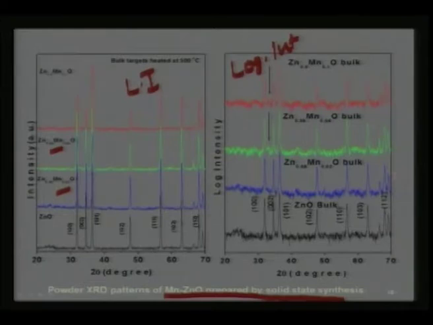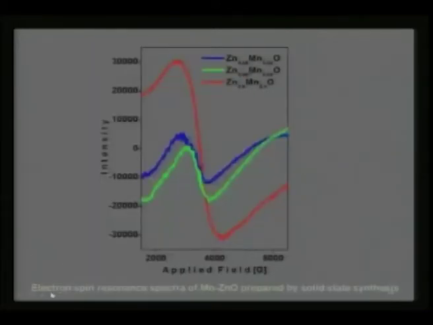So it is always important for people working on bulk to probe the log intensity plot of X-ray rather than simply being gratified by a linear intensity plot. The plots you see on the left side and right side are the same plot, but plotted in different scale. So you can clearly see there is no evidence of any secondary phase here, but what can we say?